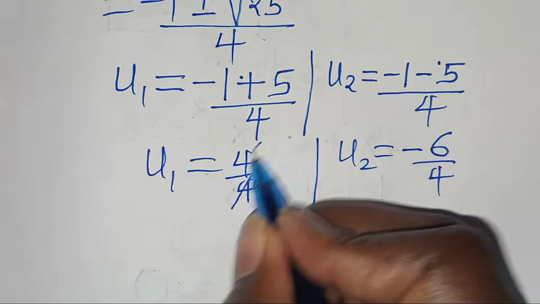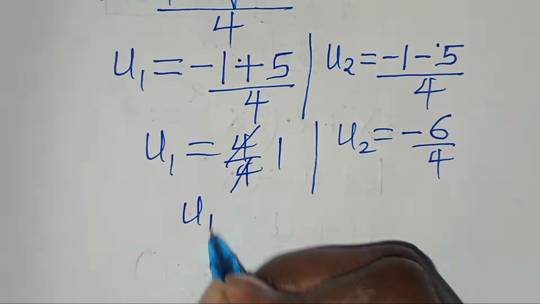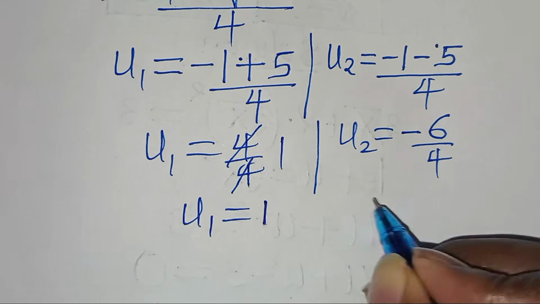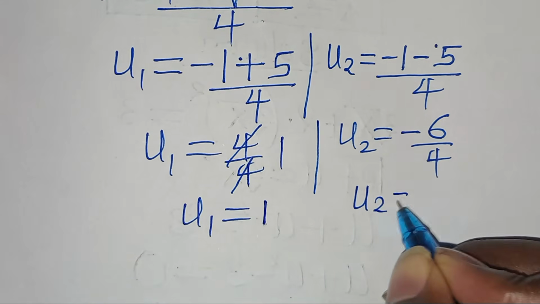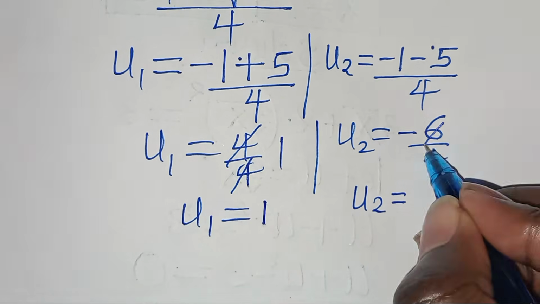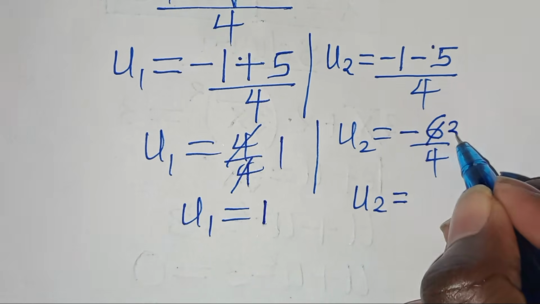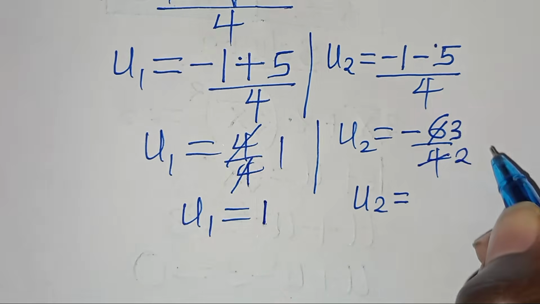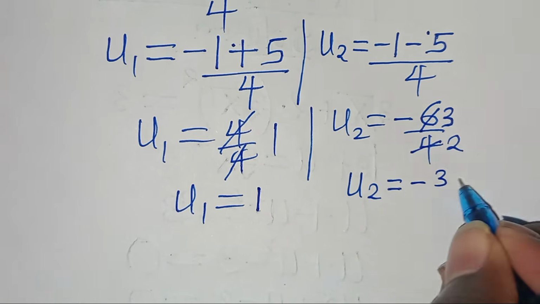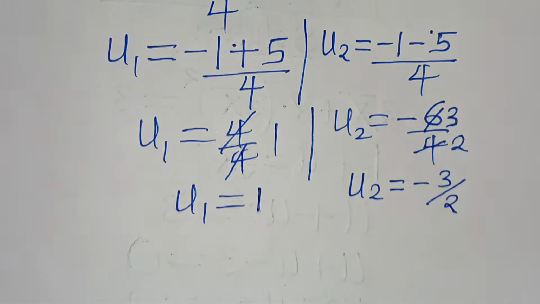If we simplify, u1 is equal to 1, and u2 we can simplify by 2: 6 divided by 2 is 3, and 4 divided by 2 is 2, so we have minus 3 over 2.